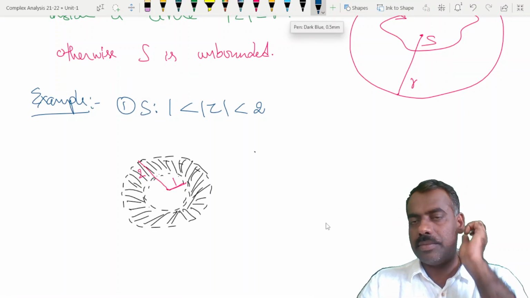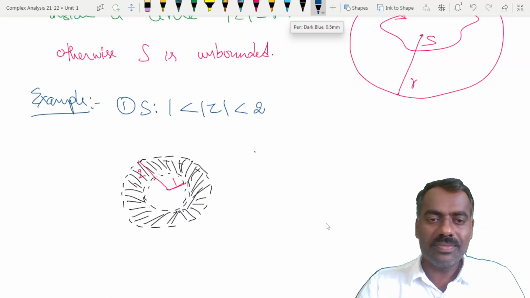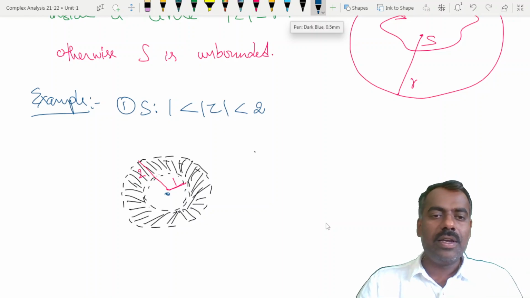Is it possible or not? But in this space itself, can't you imagine taking a bigger circle?